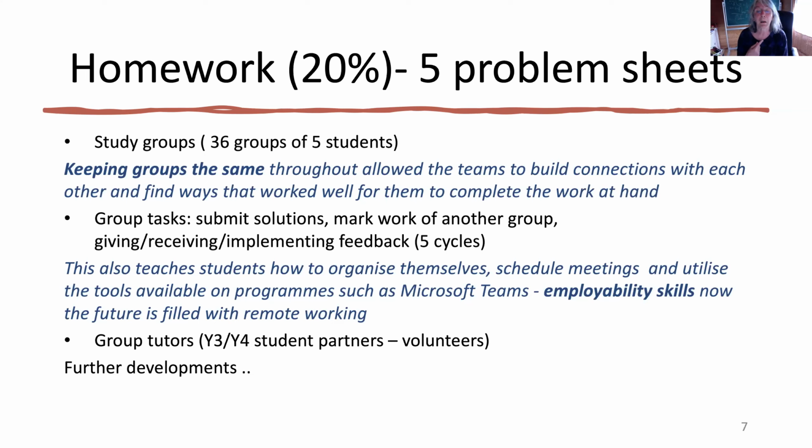Then they would mark the work of another group. They would also upload their feedback. They would need to have a marking lead, and then they were also giving and receiving feedback and commenting on how they had implemented feedback when submitting a new piece of work.